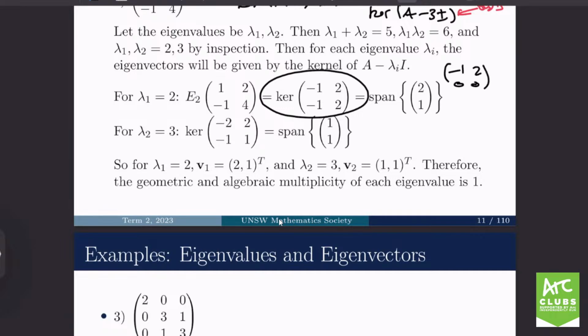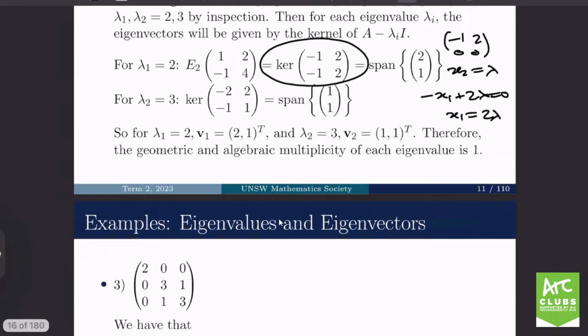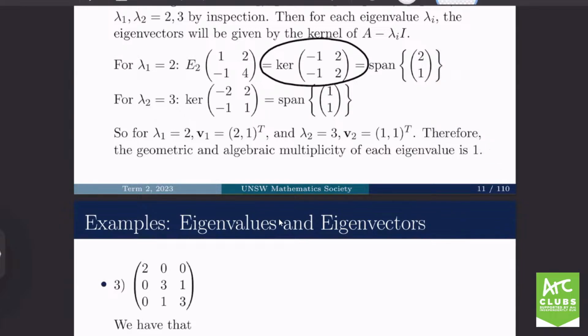To find a basis, we say x2 equals a certain constant, lambda, so -x1 plus 2 lambda equals 0, and so x1 equals 2 lambda. Then what we get is the span of the vector (2, 1). So the actual eigenspace will be the span of (2, 1).